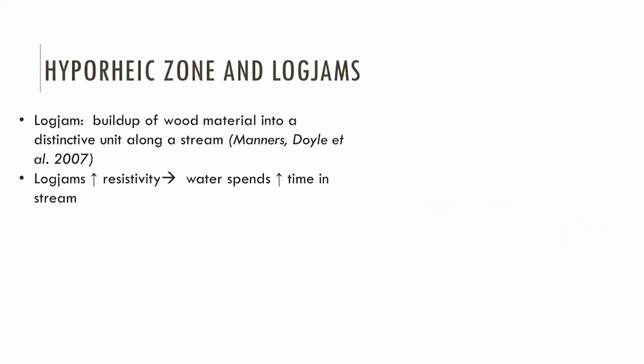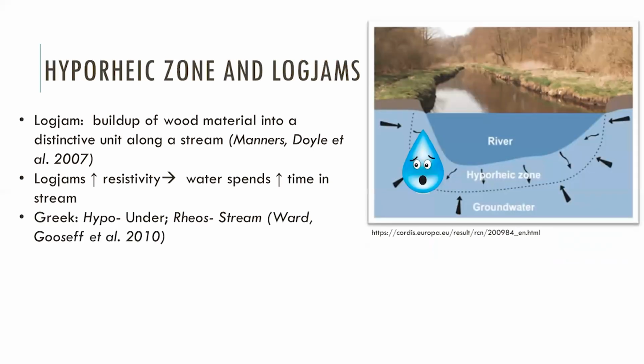Logjams increase hydraulic resistivity, hydraulic meaning water moving under pressure, and that sends the water deeper into the subsurface, which increases the time spent in the subsurface. And while we're in the subsurface, we are probably in the hyporheic zone. Hyporheic in Greek means under stream.